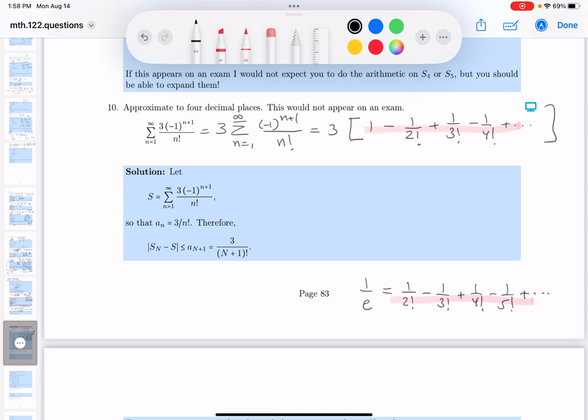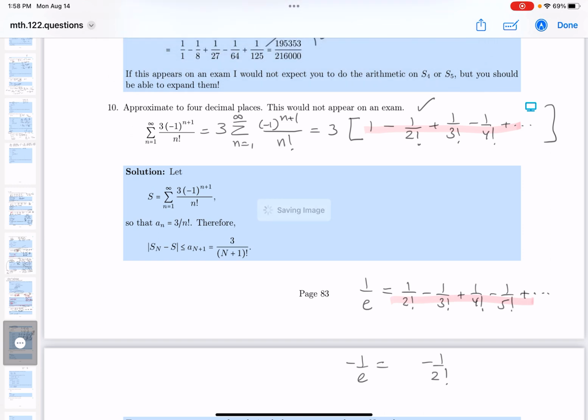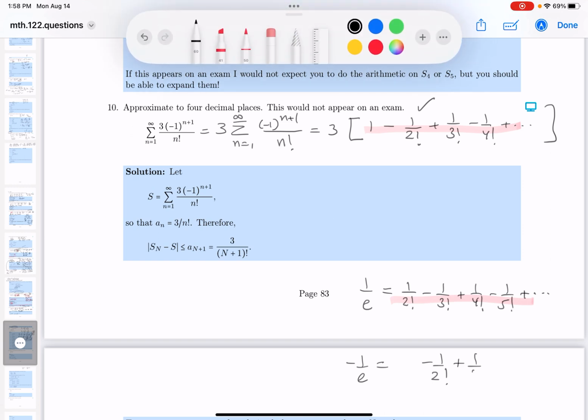So what I want to do is multiply 1 over e by minus 1. What do you get? Minus 1 over e. And what does that equal? It would equal minus 1 over 2 factorial, I see that there, plus 1 over 3 factorial, minus 1 over 4 factorial. Again, I'm seeing these things over here. Then plus 1 over 5 factorial.